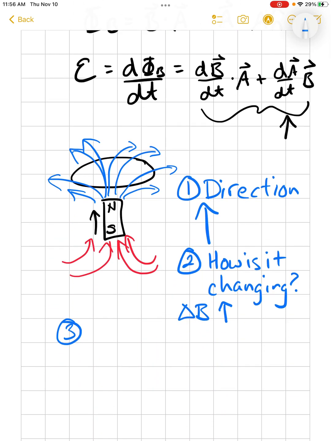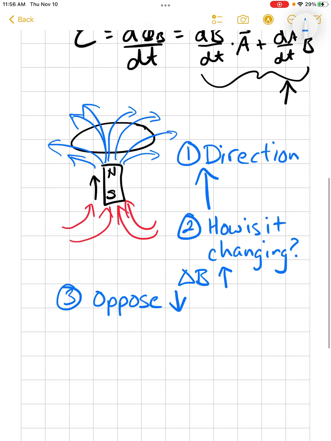So the opposed change is going to be pointing in the opposite direction as our delta B, okay? Since delta B is pointing up in the same direction as the field, the induced current is going to try to create a field opposite that, okay? And that means it's pointing down.